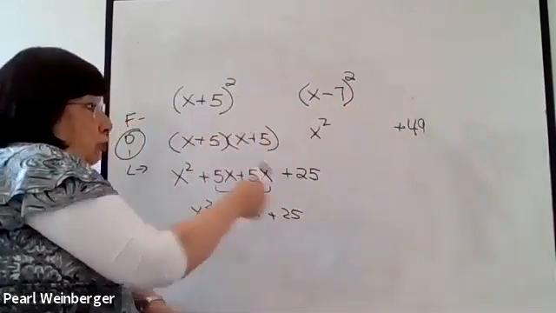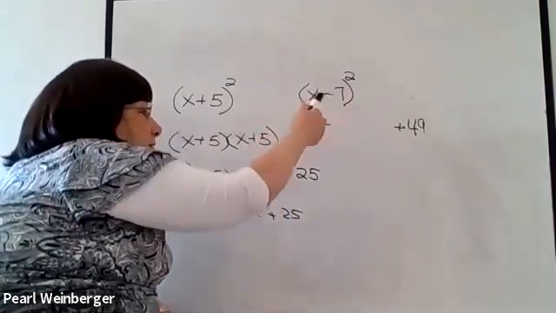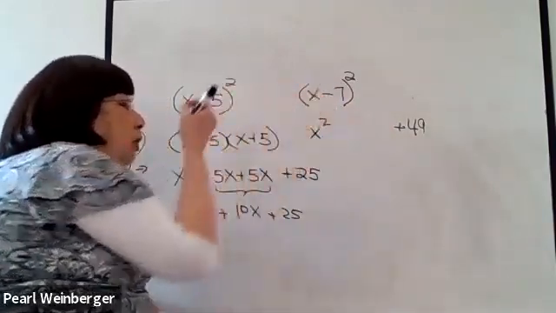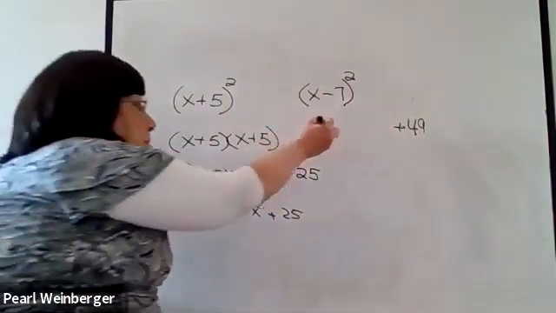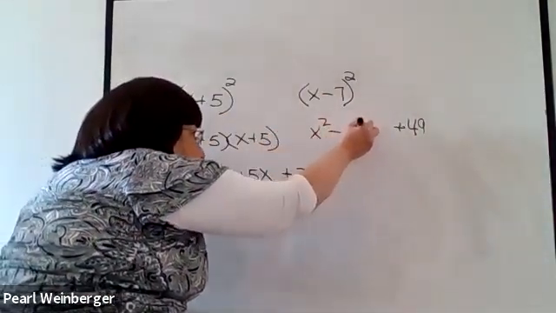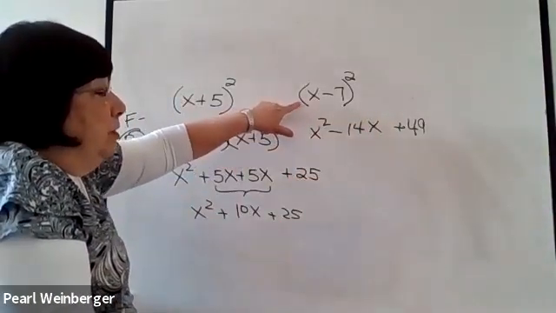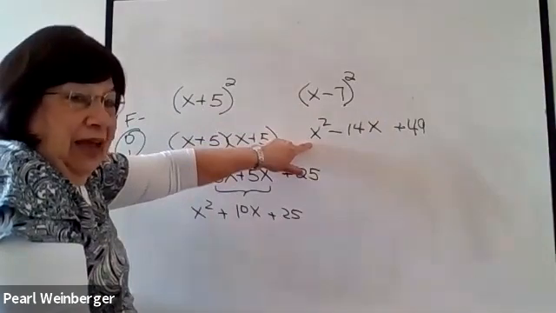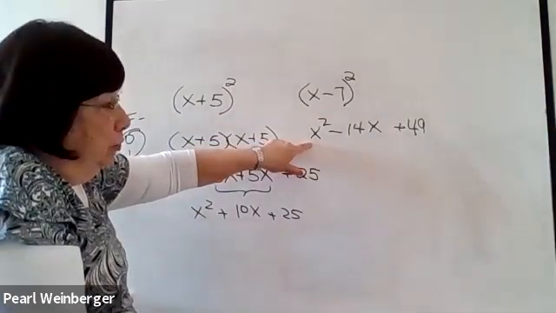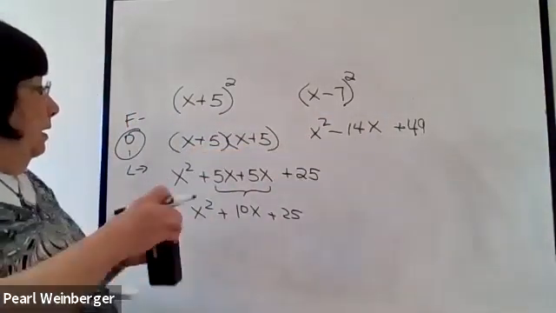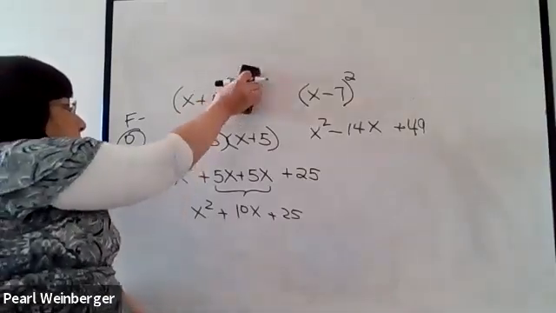And the middle term would be the x times the negative 7, which is negative 7x, doubled, negative 14x. Do it the long way, and you will see this is exactly the answer you're going to get. I'm going to give you one to try.